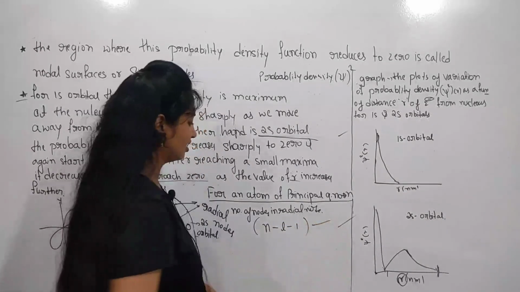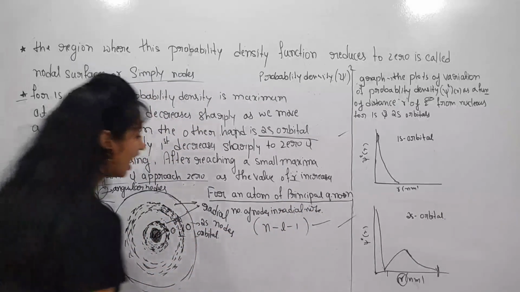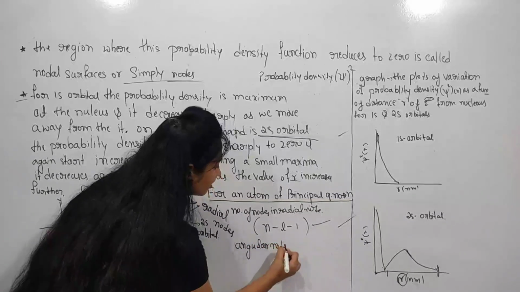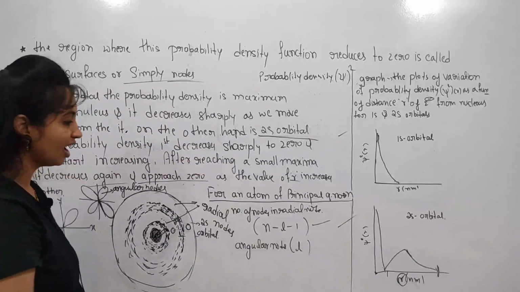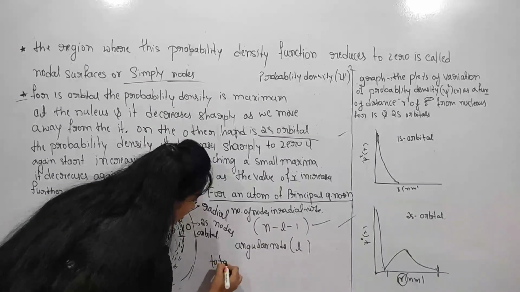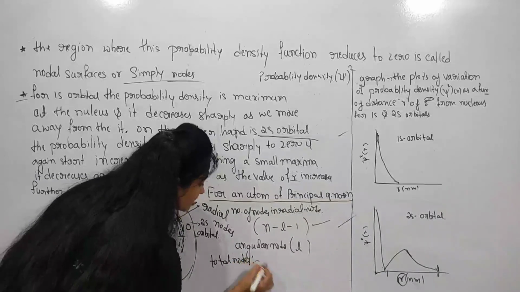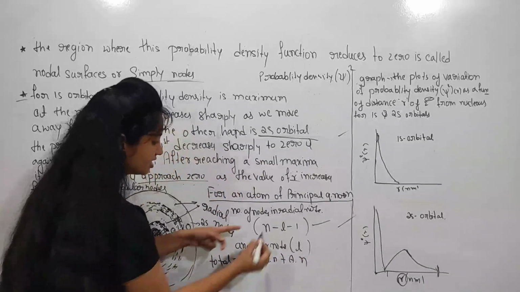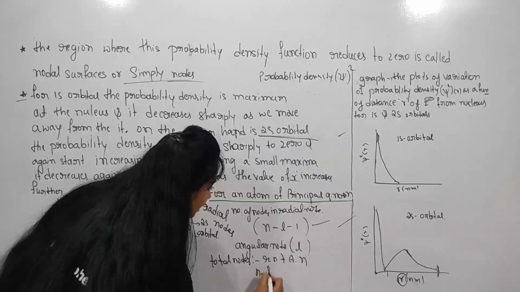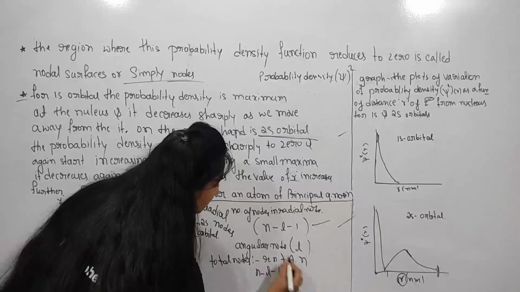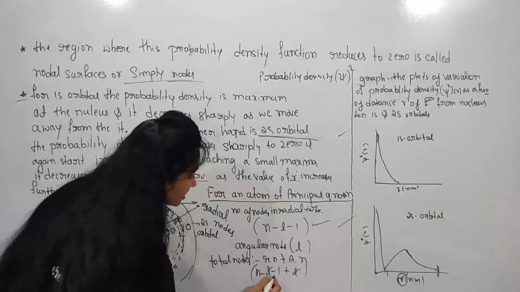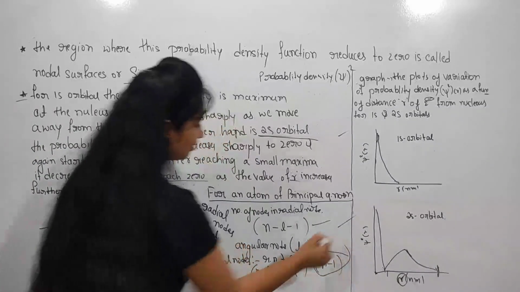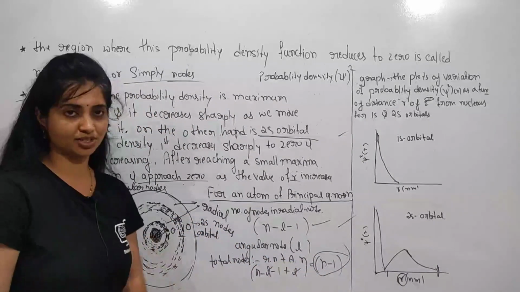For angular nodes, the formula is l only. For total nodes, radial plus angular nodes is n minus l minus 1 plus l. Minus l plus l cancel, so the answer is n minus 1. This is the formula for the total number of nodes.